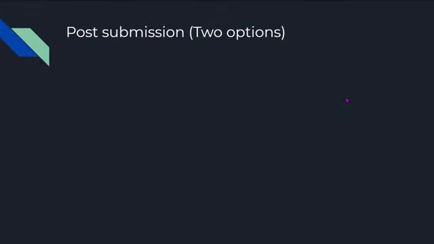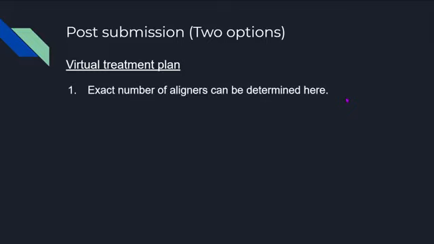Okay, after this, now we can talk about the treatment plan, the virtual treatment plan. This is the final one that you're going to show, that has the videos and everything. It is going to tell you the exact number of aligners.